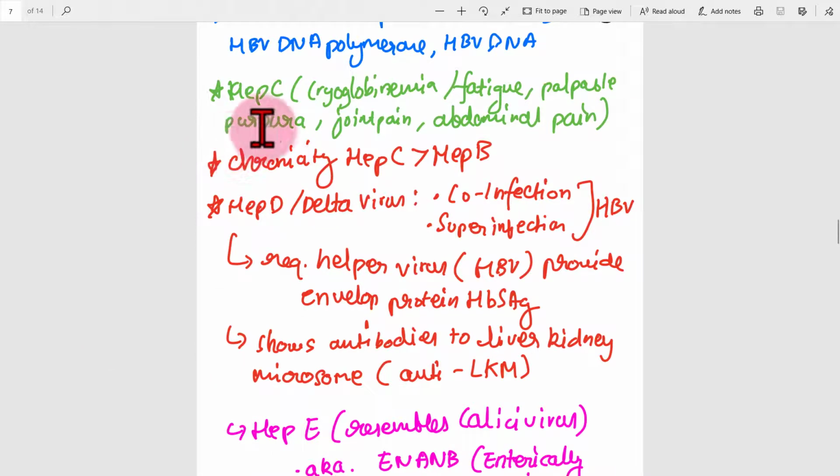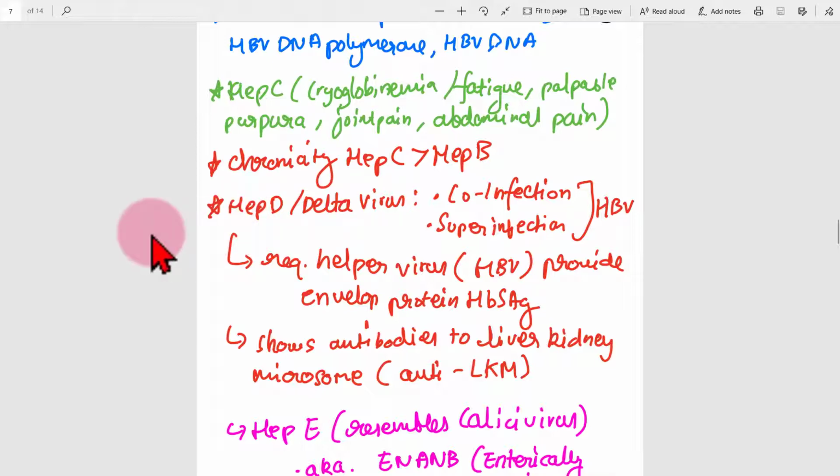Now moving ahead with Hep C, it can be associated with cryoglobulinemia, fatigue, palpable purpura, joint pain, as well as abdominal pain. Looking at the level of chronicity, Hep C has a higher chronicity than Hep B.